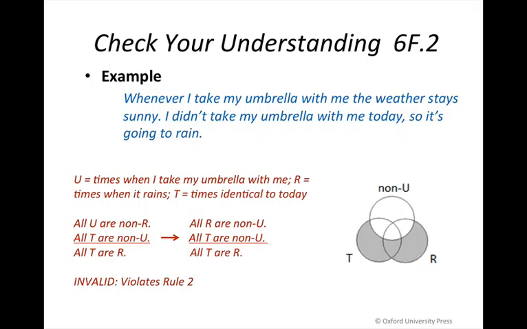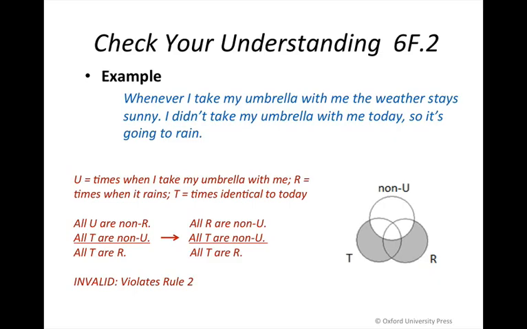Now, you can see that we have a U and a non-U in the left-hand version of the argument, and we need to make our terms consistent. We also have a non-R and an R respectively in the major premise and the conclusion, and we need to make those articulations of the major term consistent.